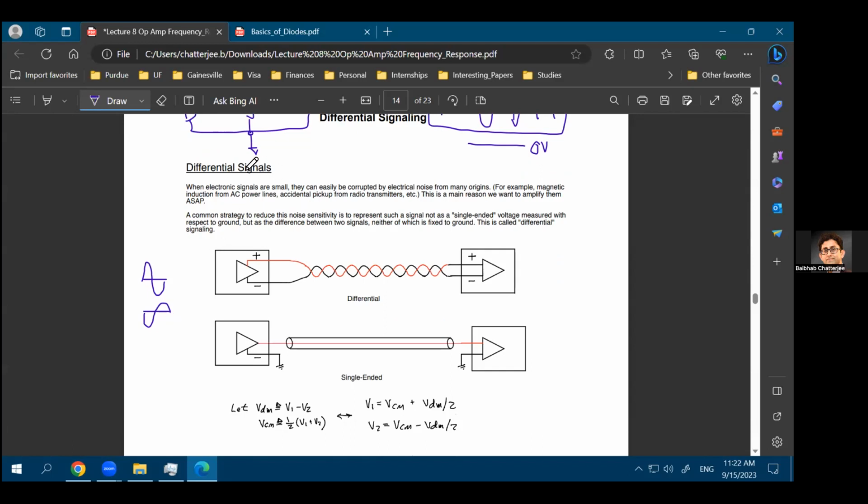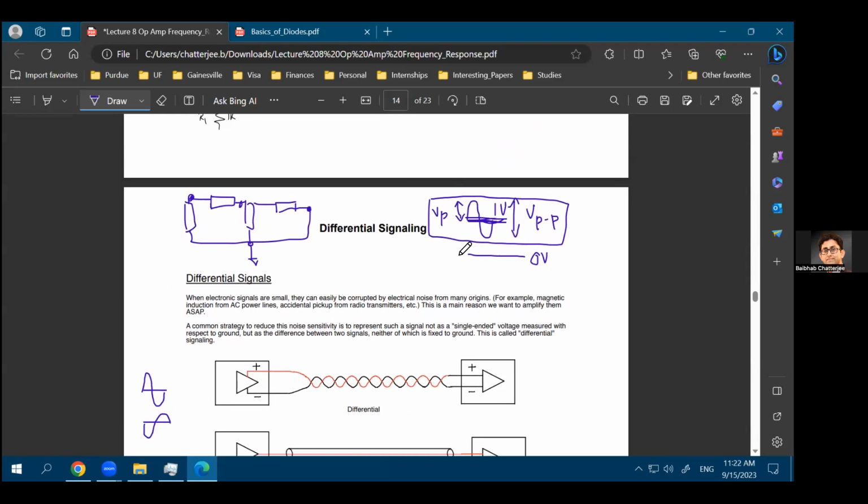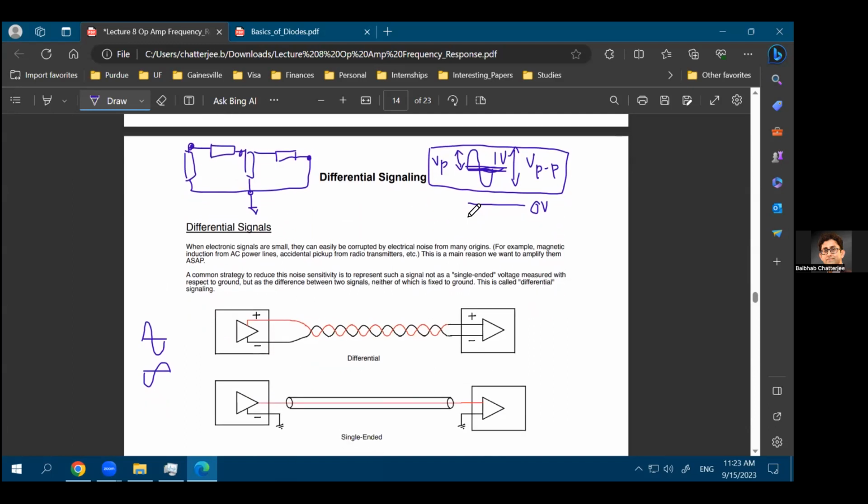It's not only enough to define a difference of two signals, the two signals also need to be defined in a particular way. Even your single-ended scenario was a difference of two signals. It was a difference of your original signal and the ground level. So that was also a difference. It was not that single-ended signaling was fully functional by itself. You still needed to establish a reference ground.